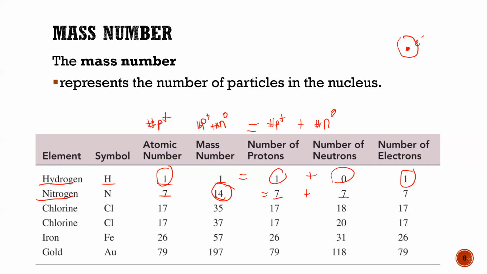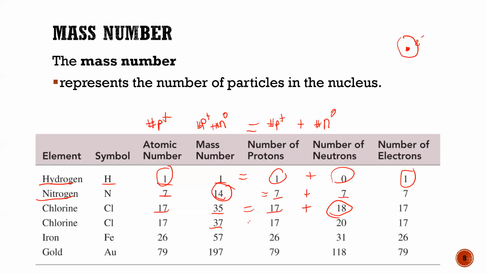If I go to chlorine and I see that the atomic number is 17 and the mass number is 35, what does that mean? There must be 17 protons, but what adds up to 35? 18. So I actually have 18 neutrons. But then I notice, wait a second, I can have a situation where the mass number for chlorine is 37.